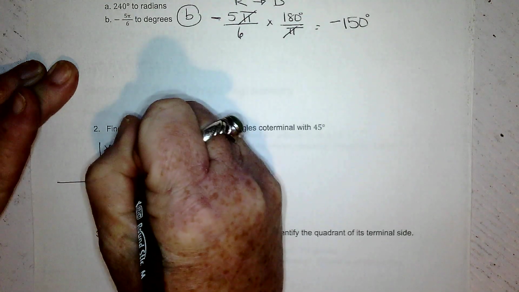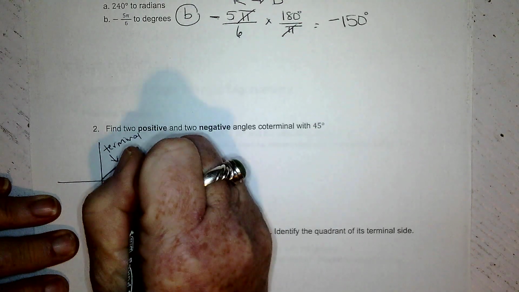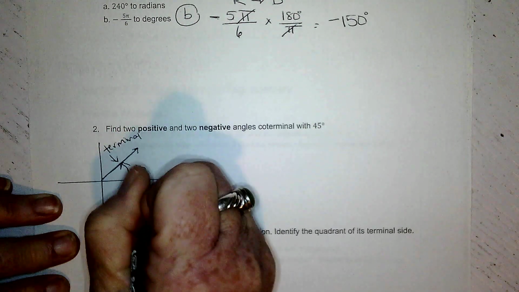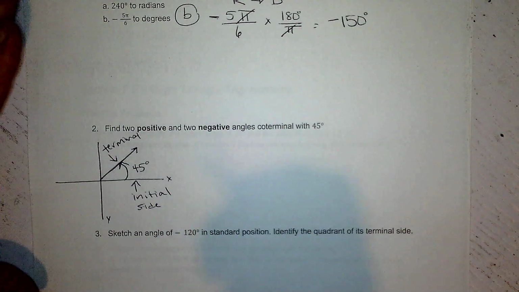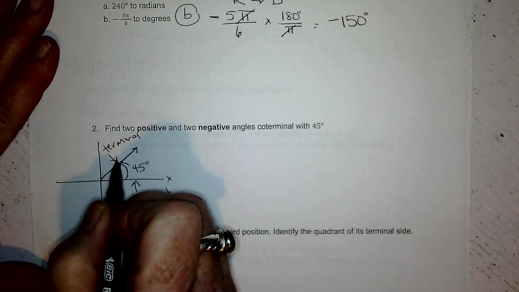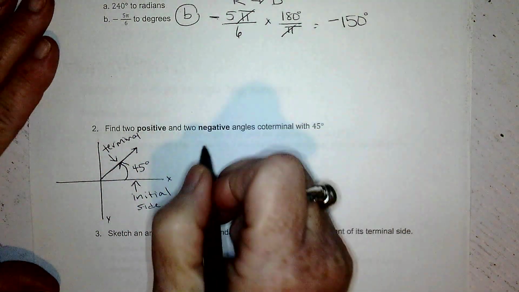So we want 2 positive and 2 negative angles that end up in the same place as our 45 degree angle does. Now, I'm going to start with the positives because all I need to do is go a full rotation, end up back on the same terminal side, and bada bing, bada boom, I'm there.